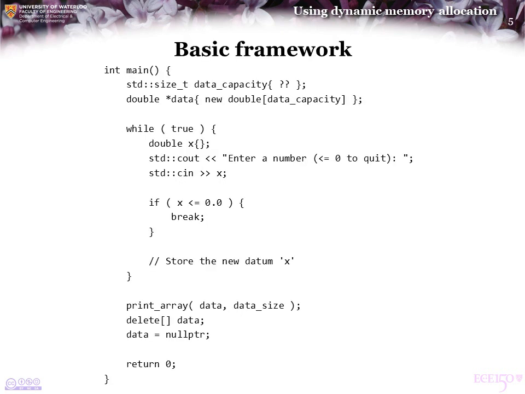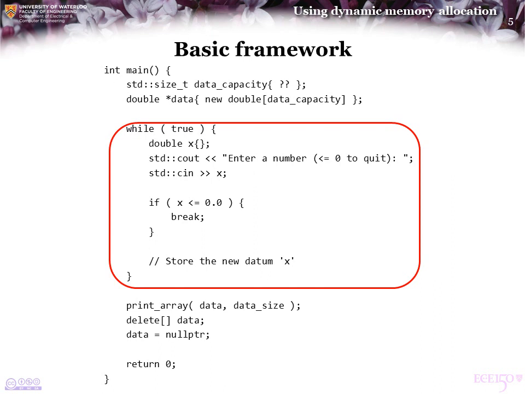Alright, here's the basic framework of our program. We're going to allocate some memory dynamically for the data storage. Now, we don't know what the capacity is going to be yet, but there will be some initial capacity. Then we have this infinite loop.